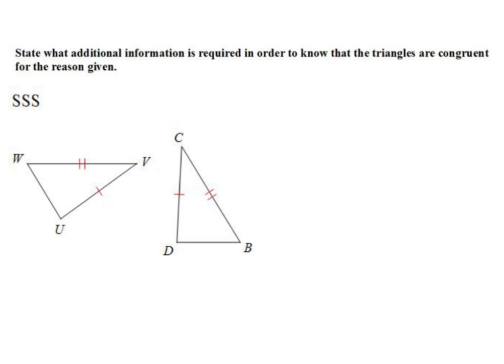In this type of example, we want to state what additional information is required in order to know that the triangles are congruent, for the reason given. So here they're told SSS. So we want to prove these 2 triangles are congruent by using the side, side, side postulate. So that means I need 3 sides congruent.